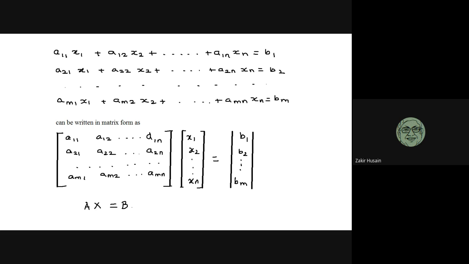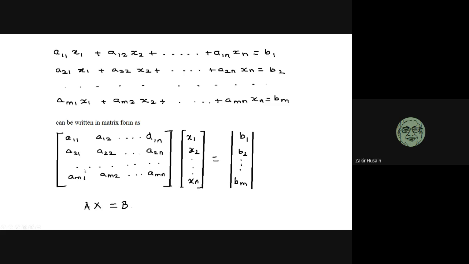We take out all the coefficient values a11 and so on, and we call this the A matrix. There's a column vector comprising the endogenous variables x, and another column vector comprising the exogenous variables b1 to bm, which we call b.